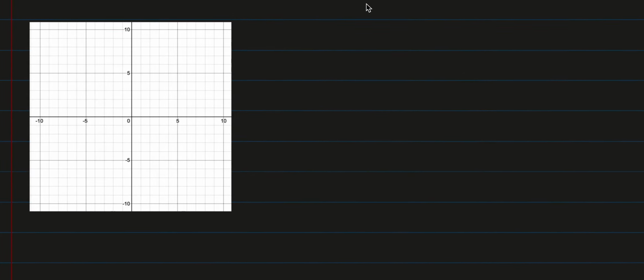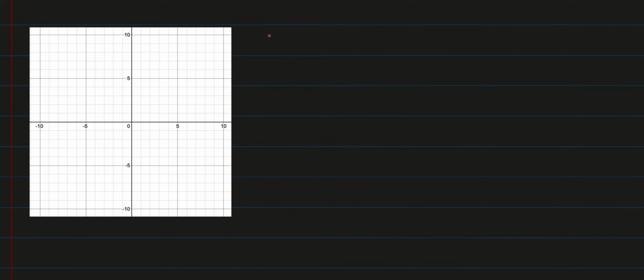Let's say we have the points P is equal to -2, 1, and Q is the point 3, -1. Okay. Let's find the slope of the line between these 2 points.